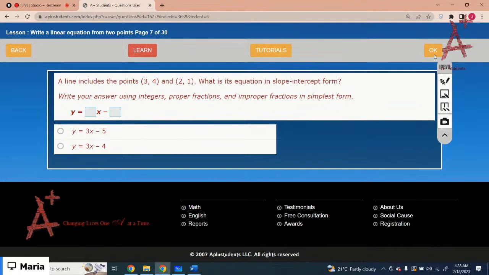That is option number 1. Very good, it is y equals 3x minus 5.